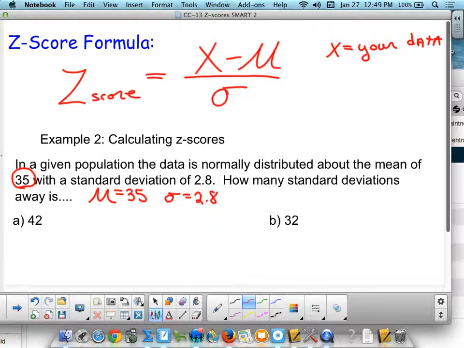So they're giving you this, and now what did you score? That's x. You scored 42 on the test. So what's your z-score? Well, you got 42 on the test. You subtract the average 35, divide by the standard deviation. Tell me.